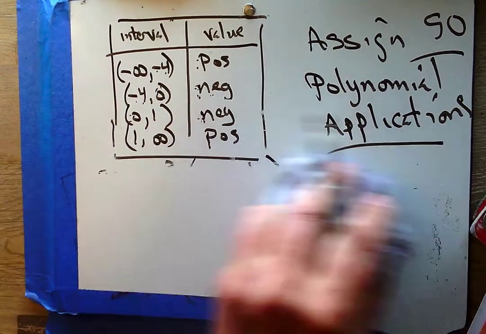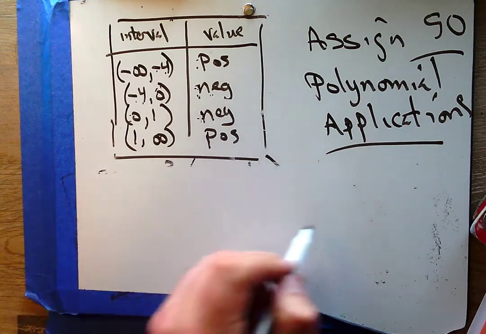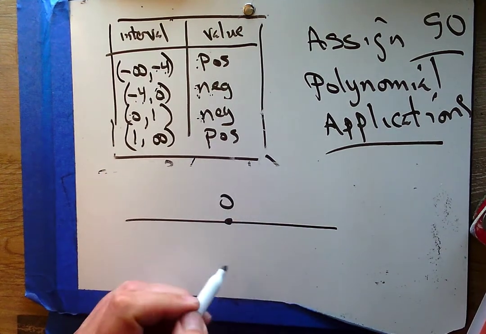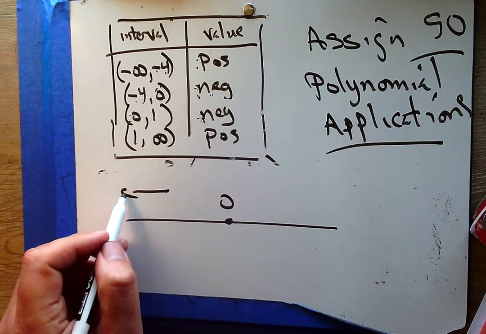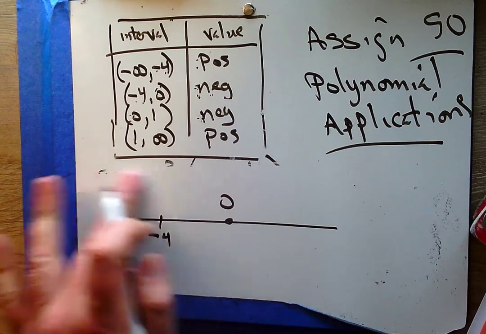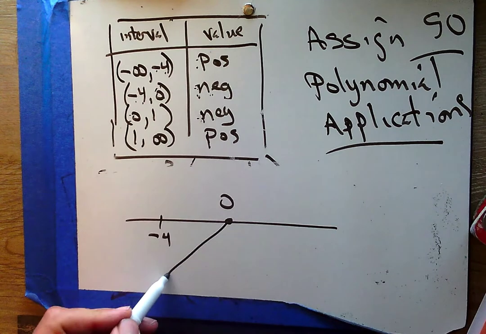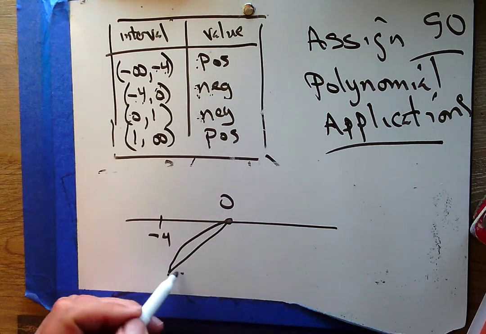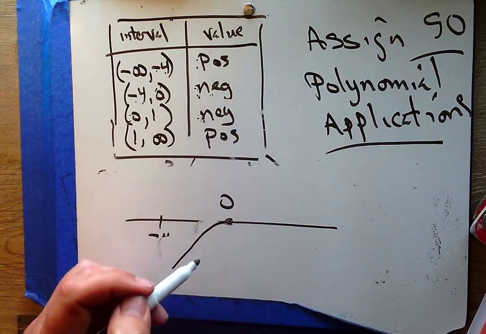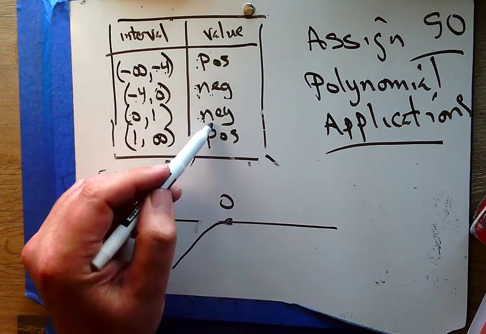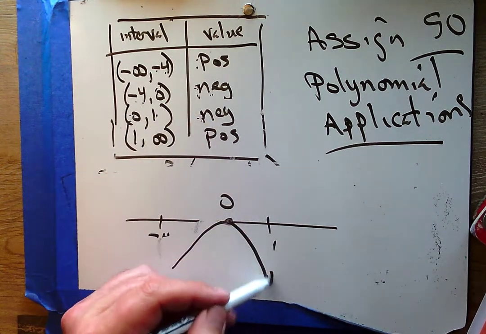Okay, that's part A. Part B, what's happening at x equal to 0? Well, there's this x-intercept here. And between x equals negative 4 and x equals 0, this function is negative. And maybe it curves like this, I don't know, just draw something. But after 0, until I get to 1, this function is negative again.